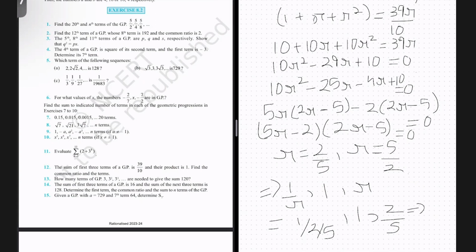Ultimately, the first three terms are 5 by 2, 1 and 2 by 5.